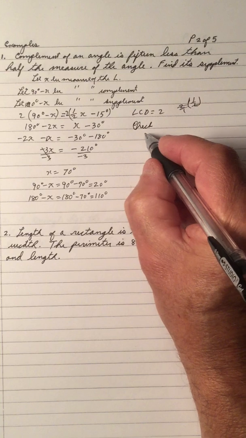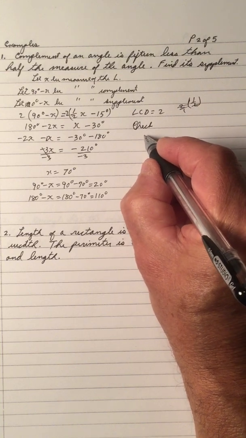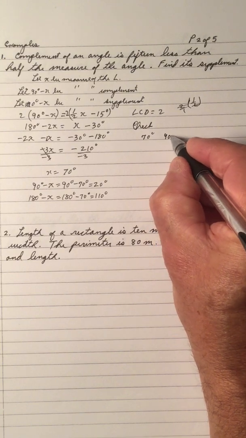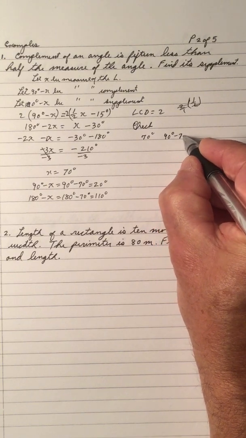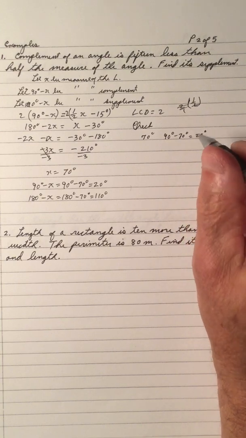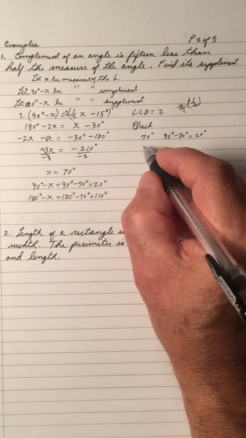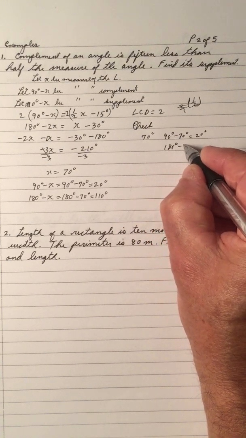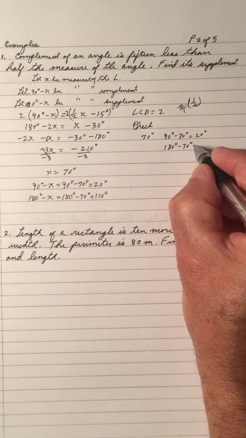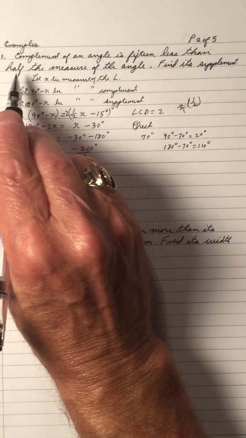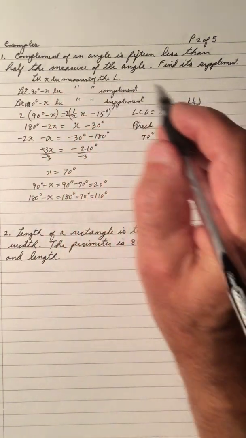Check. Let's see that we have an angle called 70. So 90 minus 70 gives me 20. So 20 is its complement. And the supplement is 180 minus 70, which is 110. But we have to check the equation, the complement of the angle.